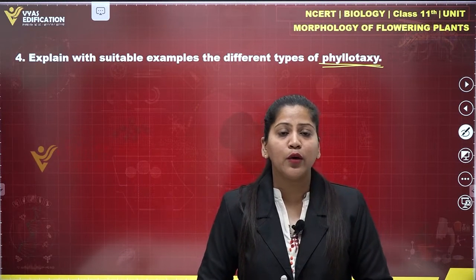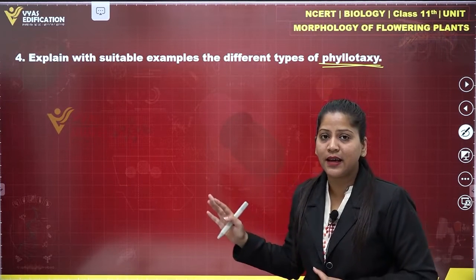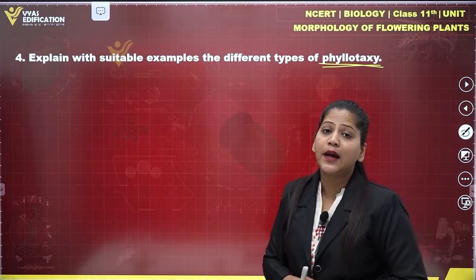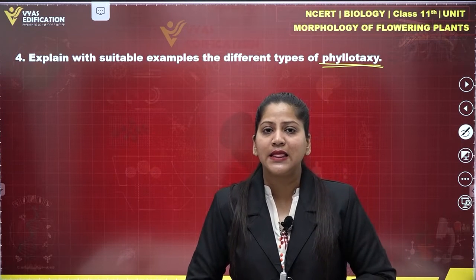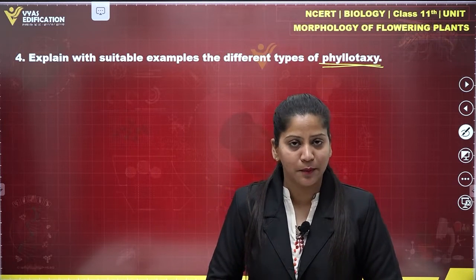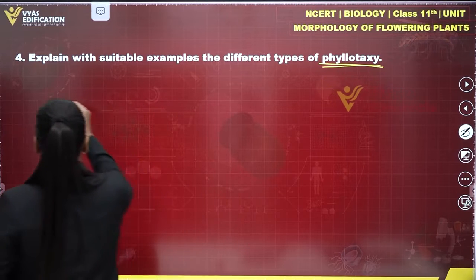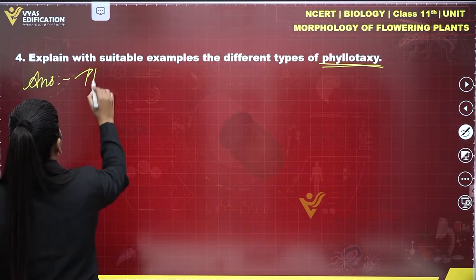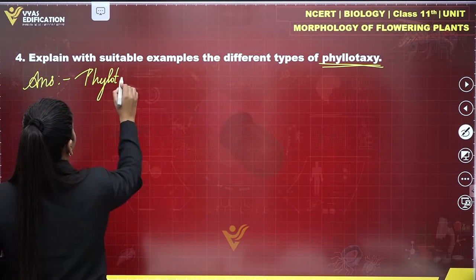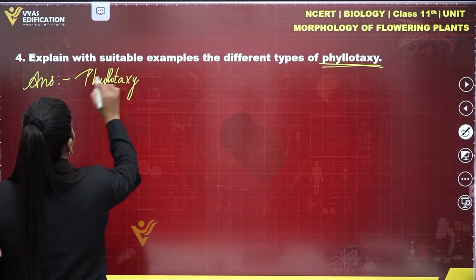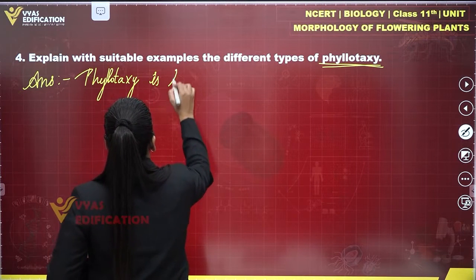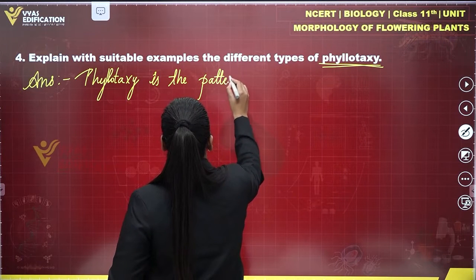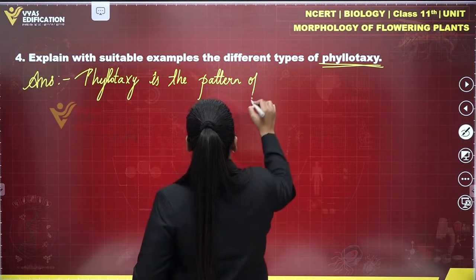We are going to talk about all these in detail by writing the answer on the screen, and we are also going to make diagrams which represent these 3 types of phyllotaxy in plants. So let's write the answer of this question. First of all, we will write what phyllotaxy is.